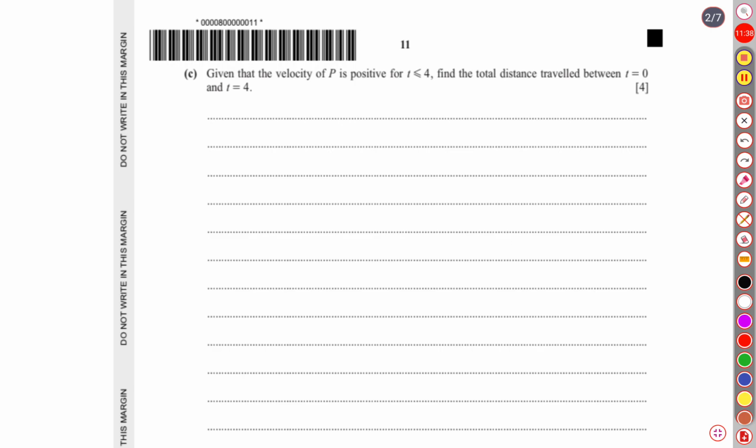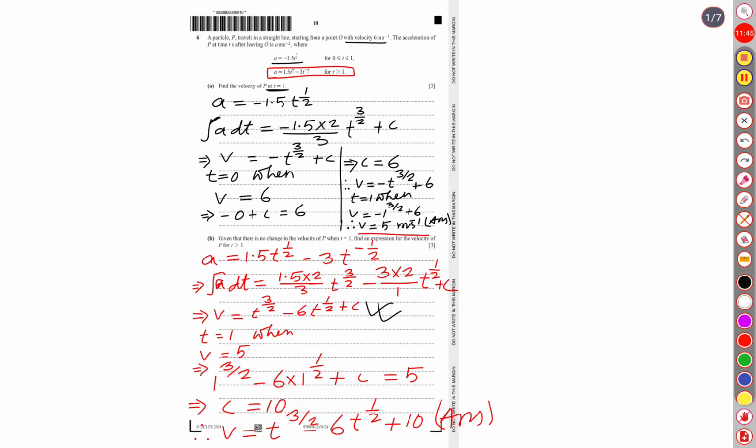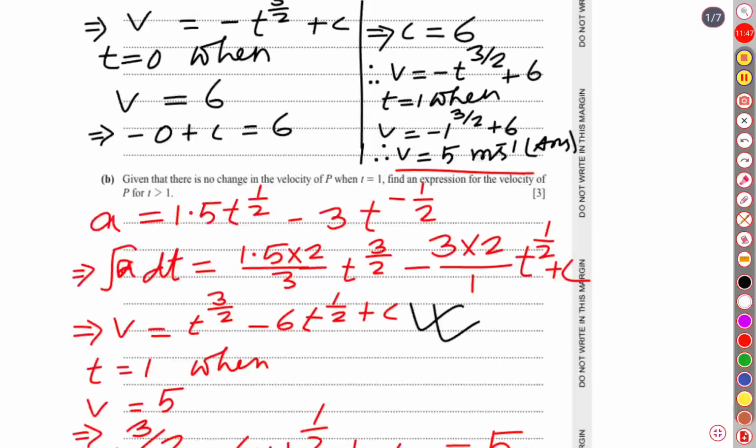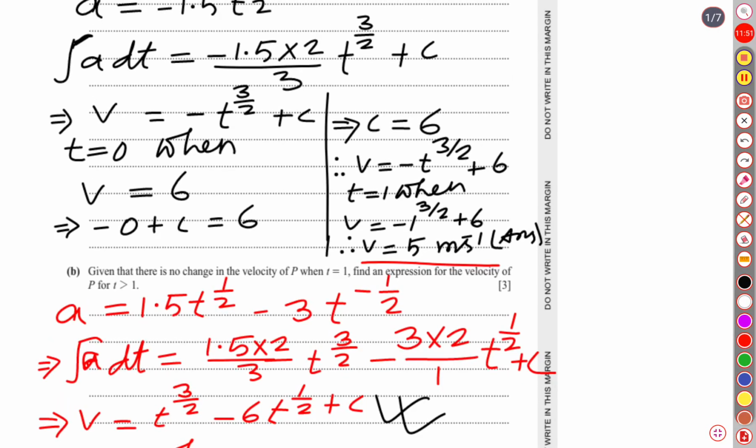Well, let us have a look at the velocity function. When t was 1, for the first phase our expression was this, which is positive, because velocity was 5 when t was 1.